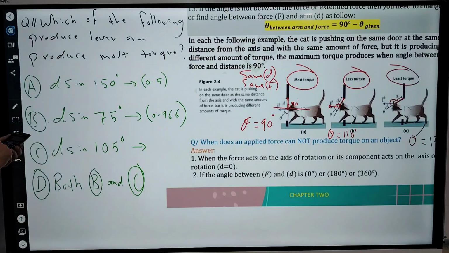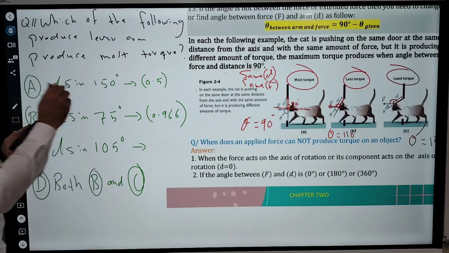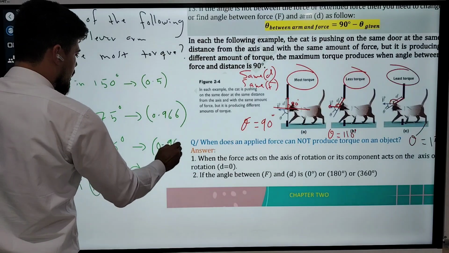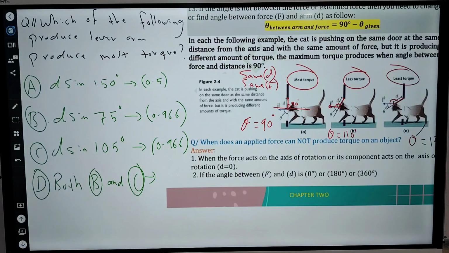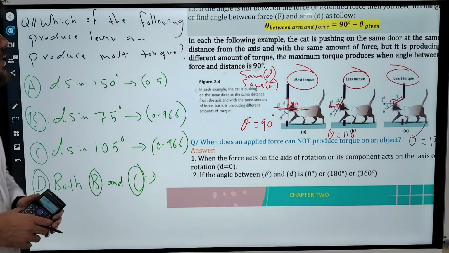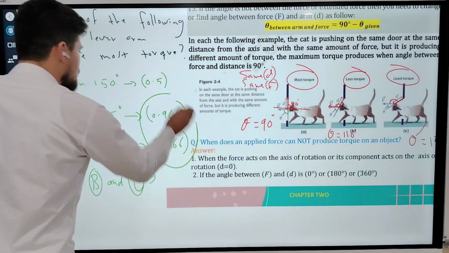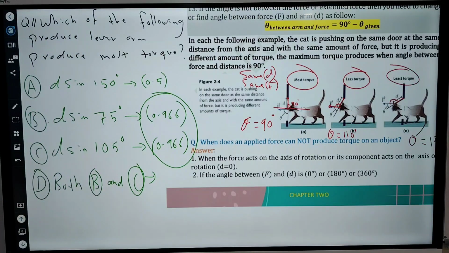Sine 105 is equal to the same, 0.966. So which one is bigger, 0.5 or 0.966? Absolutely, these two have the most torque and maximum torque. So you have to choose D, both B and C.